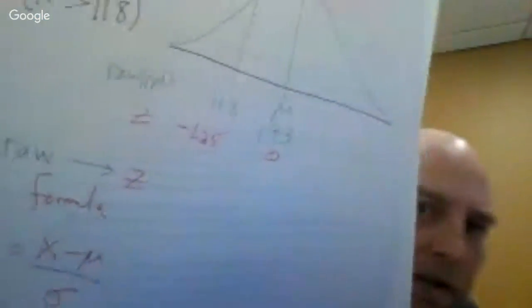Let's get to 118 minus 143 divided by 20. Check the numbers. Input, negative 1.25. Again, z-scores have two parts, a distance and a direction. Negative 1.25.